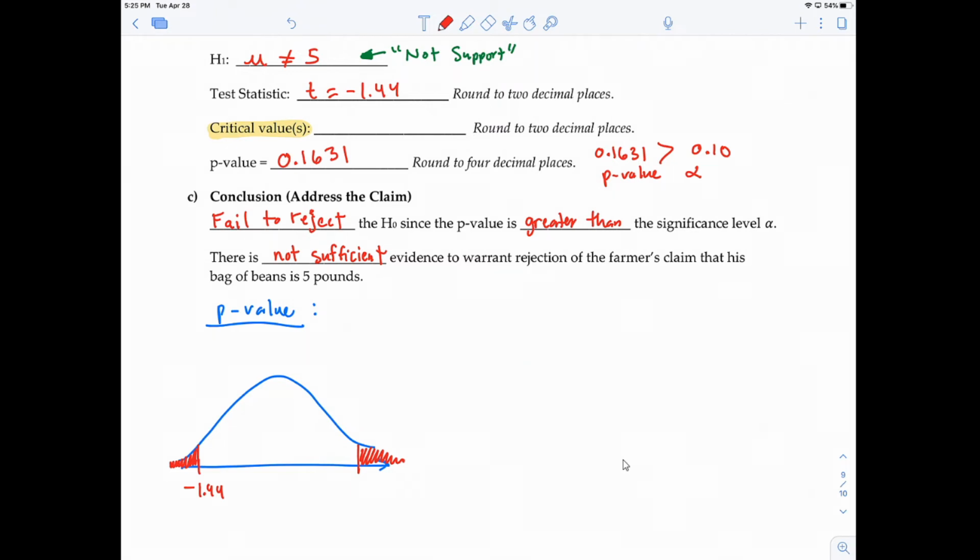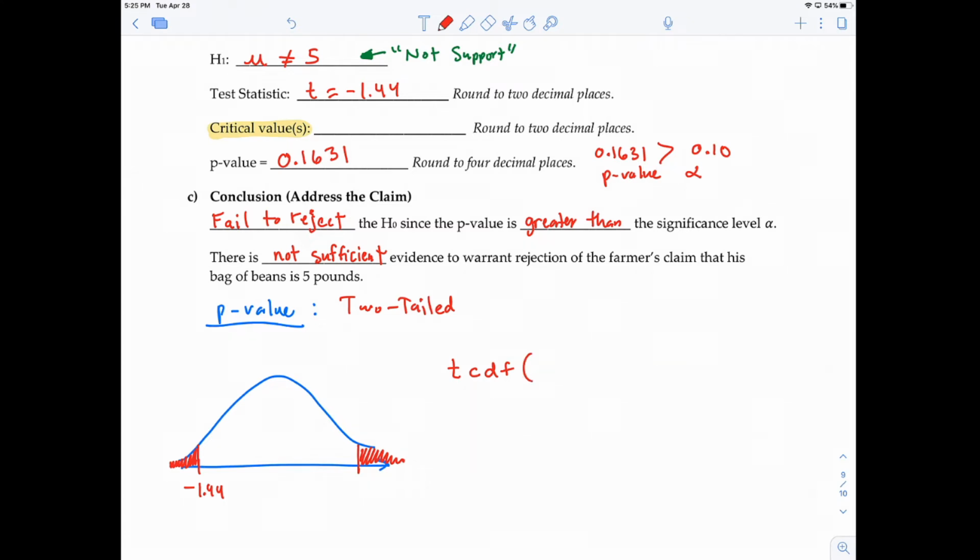Now it's a two-tailed test, right? In a Z distribution, we would use normal CDF to find the area in this tail and then just double it. In a T distribution, there's a similar function called TCDF.